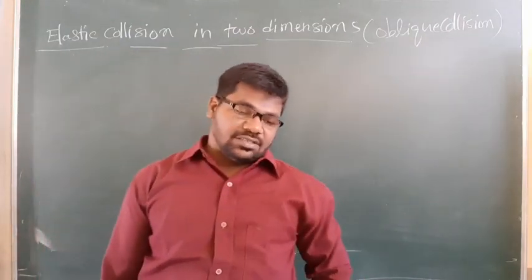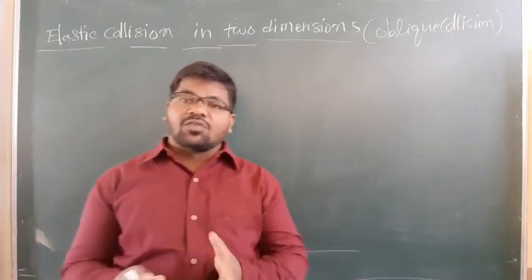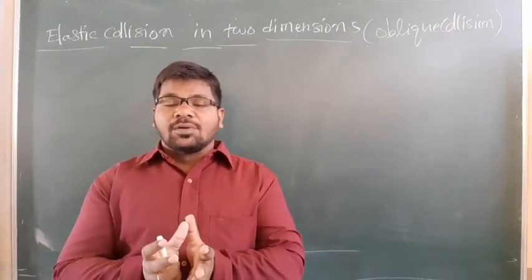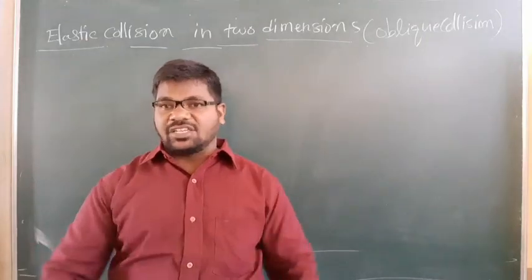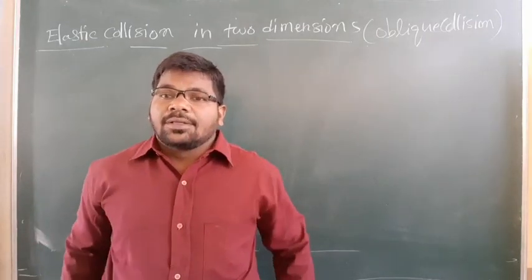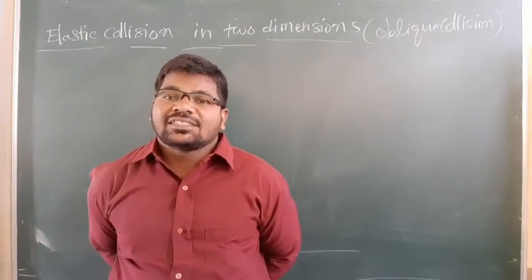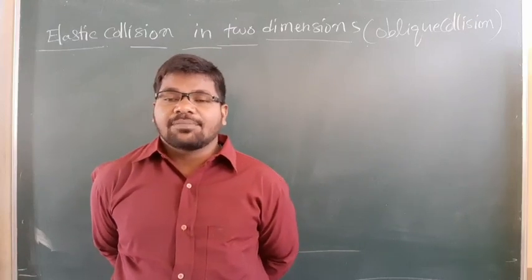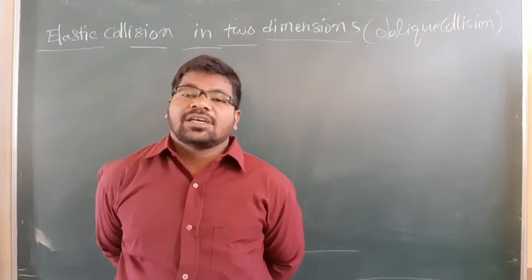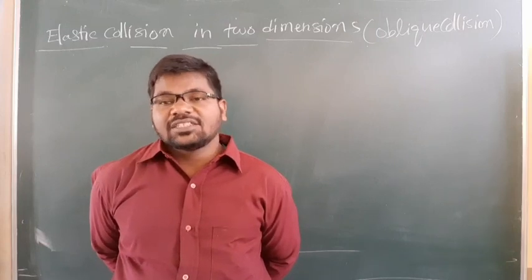Oblique collision means that after the collision the two bodies move in different directions, making some angle that is less than 90 degrees from the horizon.